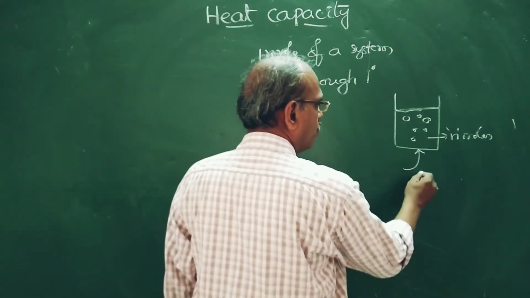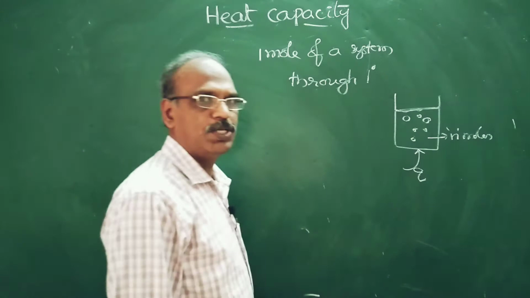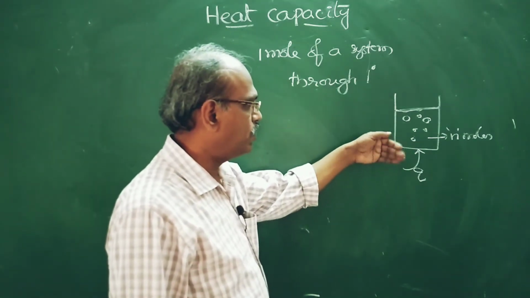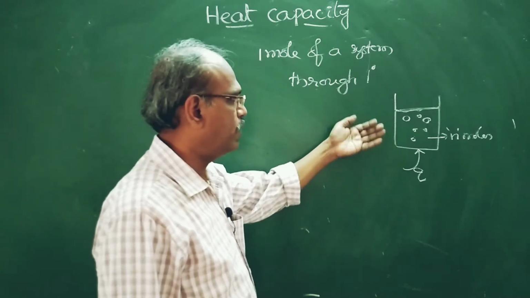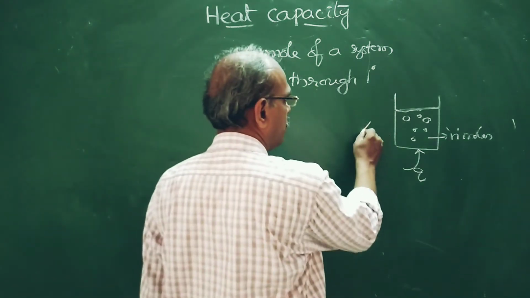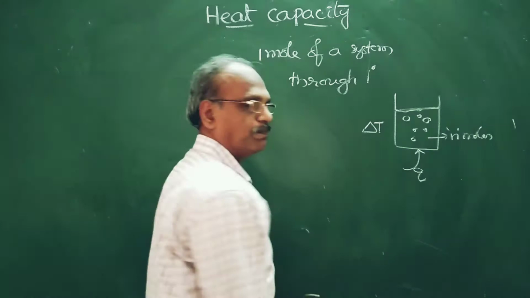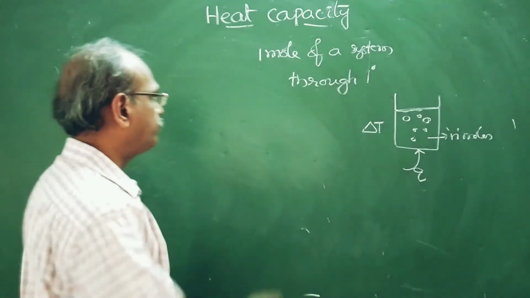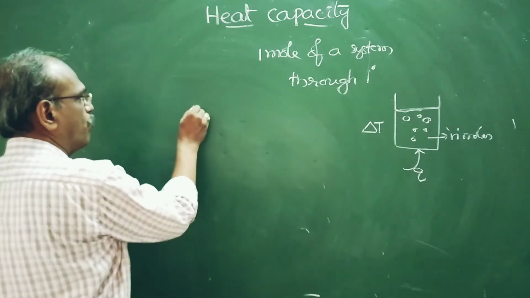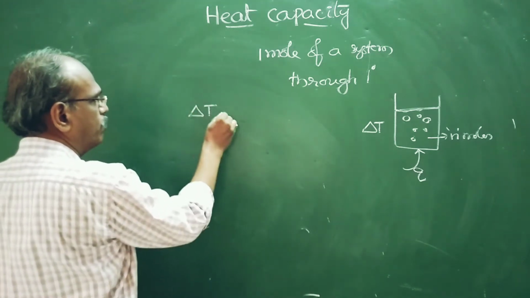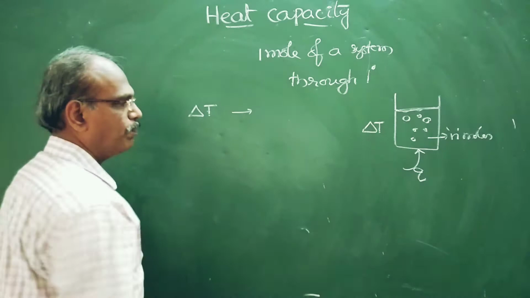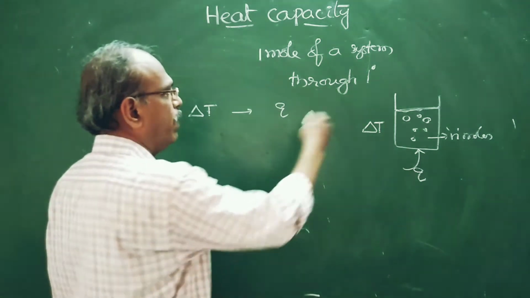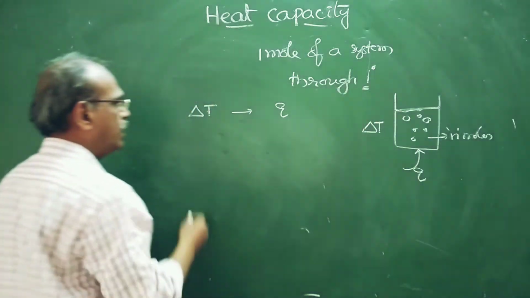When Q amount of heat energy is given to this system, its temperature is increased by delta T. Then by definition, to increase the temperature by delta T, the heat energy required is Q. By definition, we have to calculate for 1 degree.